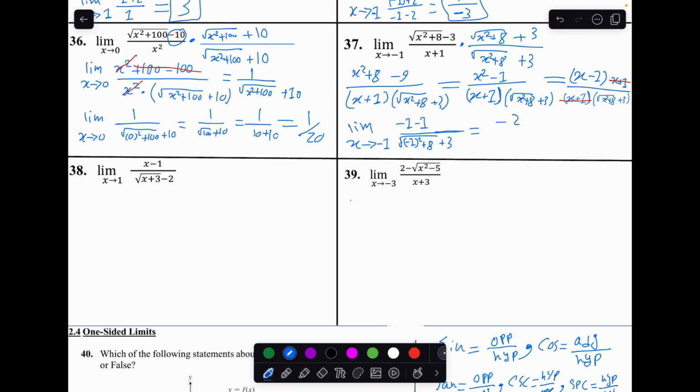So it's equal to -2 over square root of: -1 squared is 1, plus 8 is 9. So square root of 9 plus 3 is equal to -2 over: square root of 9 is 3, 3 plus 3 is equal to -2 over 6. And it's equal to -1 over 3.